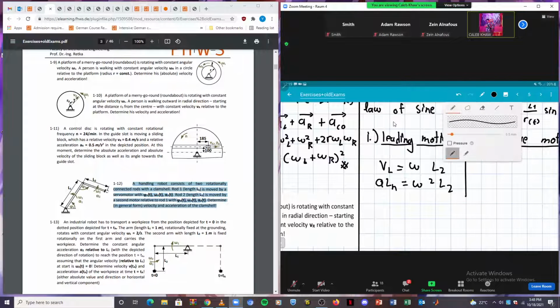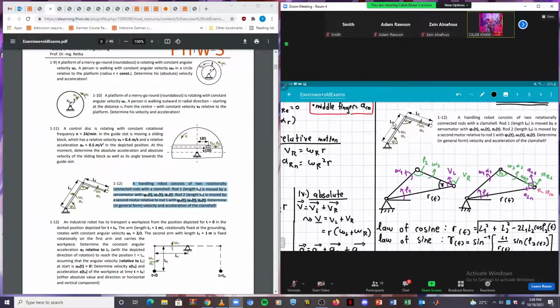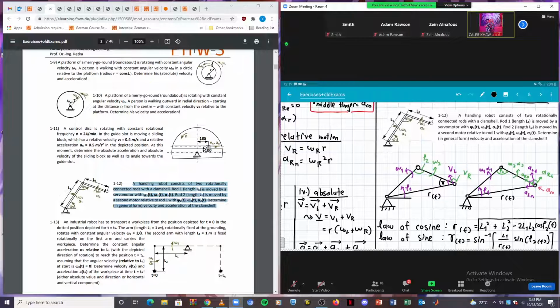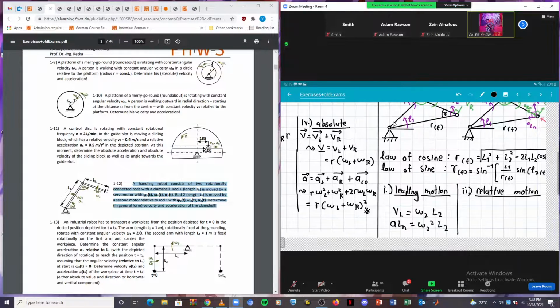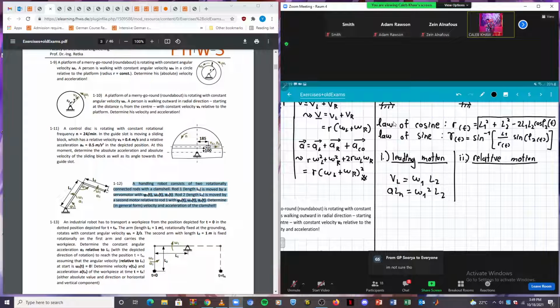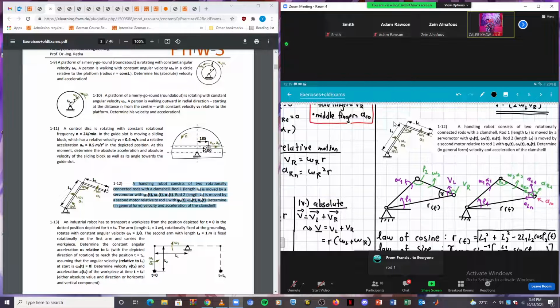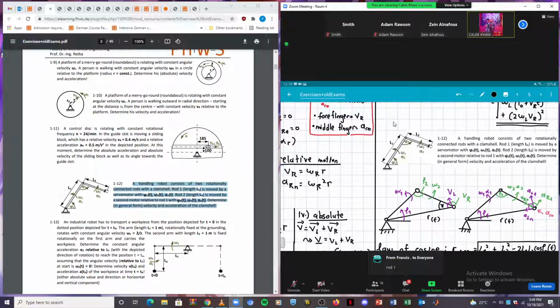Where is it? Omega 1? Yeah, I think it's probably omega 1. But why is it omega 1? Omega 1 for the leading, because it's the first arm. Okay. Check the picture from the question. Yeah. I see. Okay.